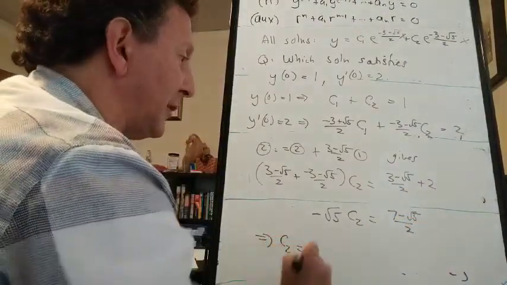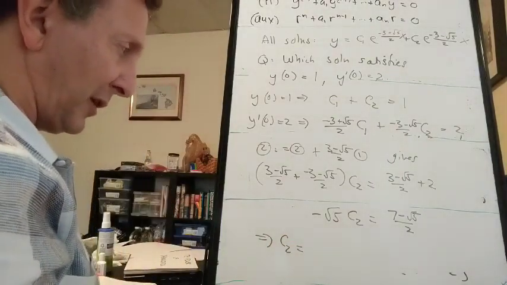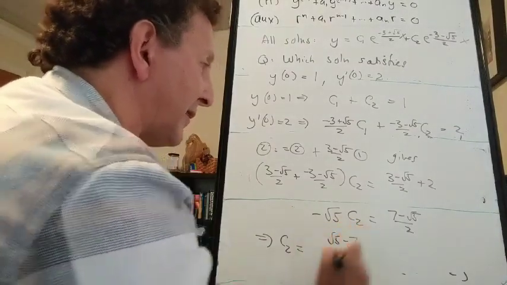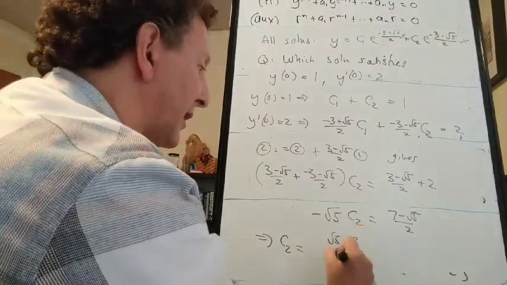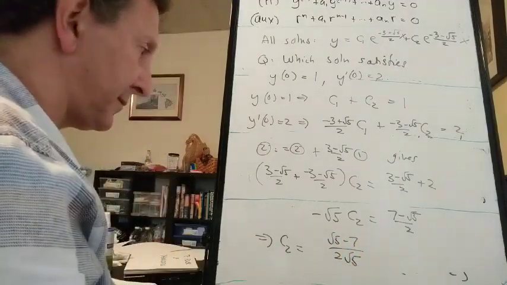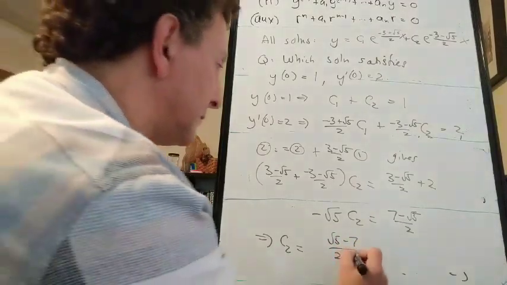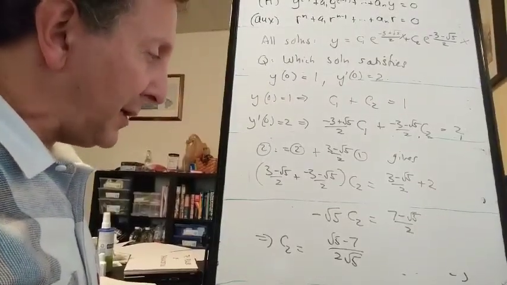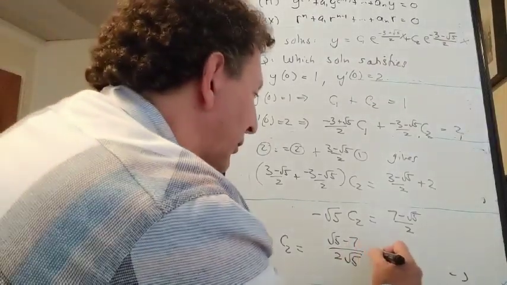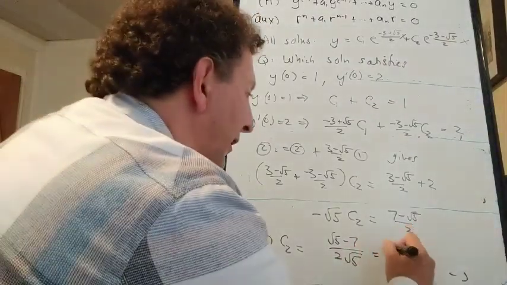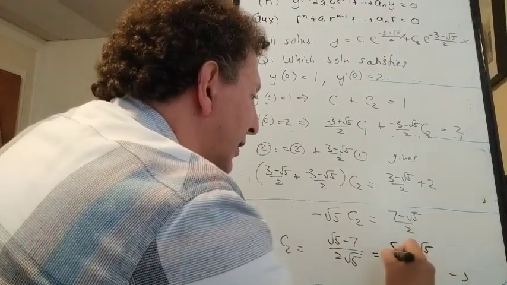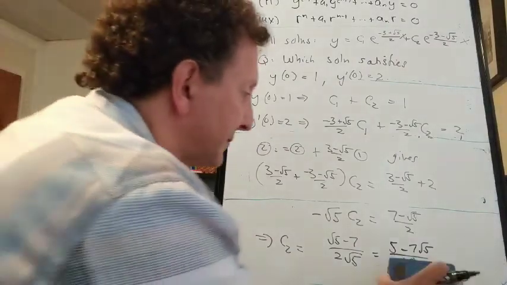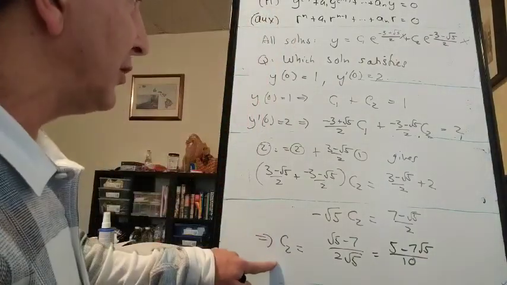So that means that c2 equals, if we multiply both sides by negative 1 first, then we've got root 5 minus 7 in the numerator divided by 2 root 5. And maybe I'd like to get the root 5 out of the denominator. So if I multiply top and bottom by root 5, then I get 5 minus 7 root 5 all over 10. Maybe that's slightly nicer. Alright, that's what c2 is.